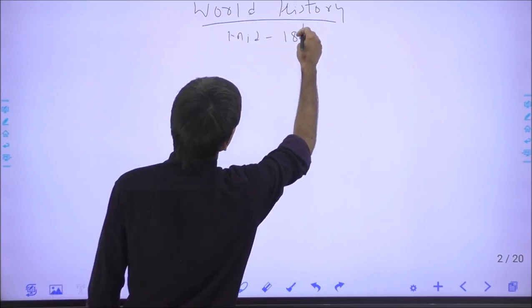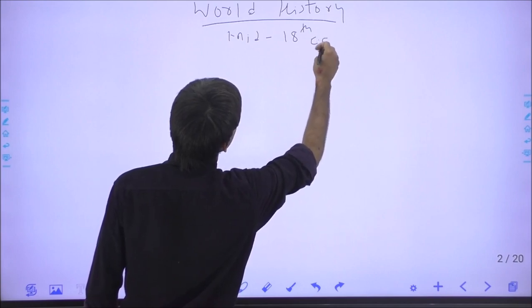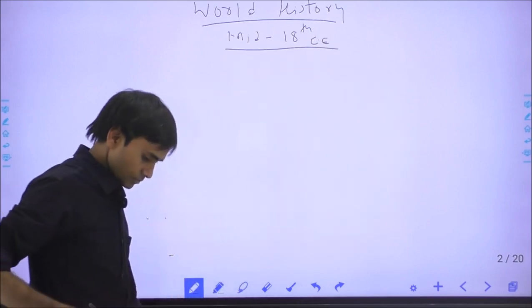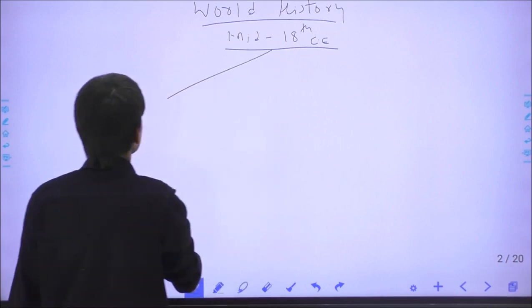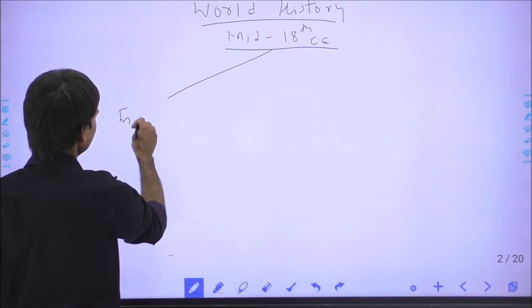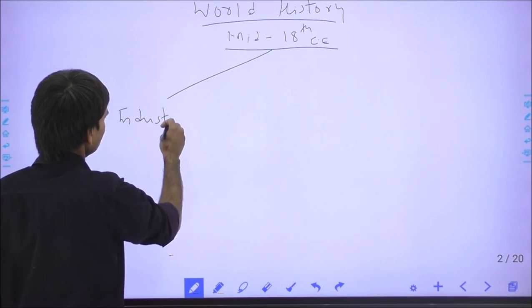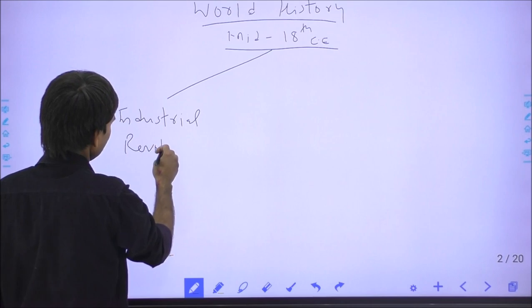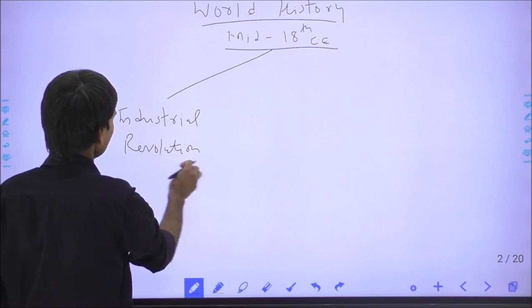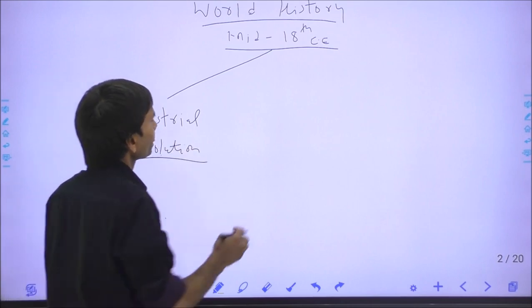Mainly this line has been used by UPSC. So we can trace the important events, like first the Industrial Revolution, an important topic and foundation of the whole world history.